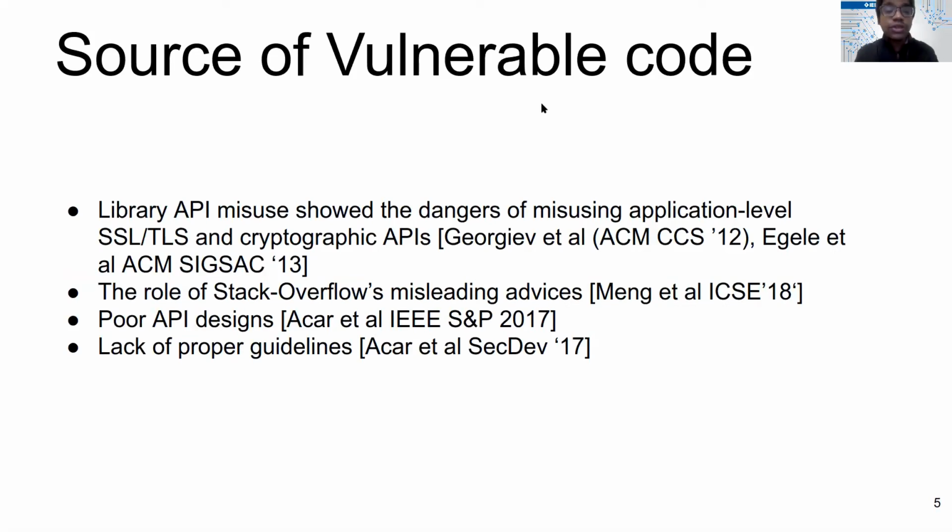As has been shown in previous research work, library API misuse is one of the major causes of vulnerable code, such as misusing application level SSL or TLS and cryptographic APIs. The huge number of misleading advices on Stack Overflow also plays a key role, as well as poor API designs and lack of proper guidelines and documentation.